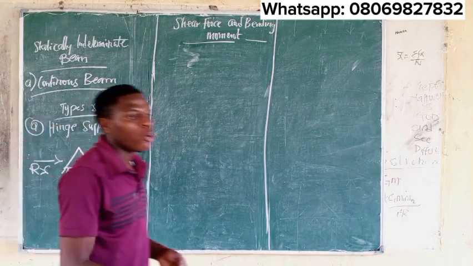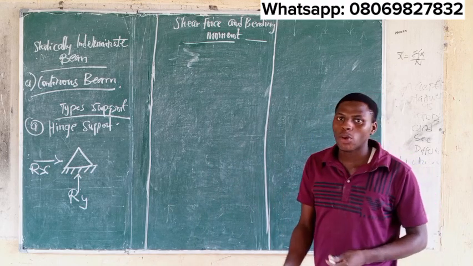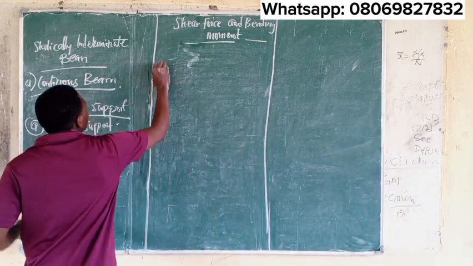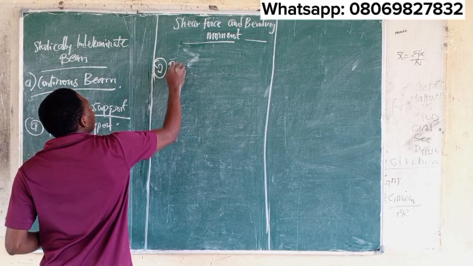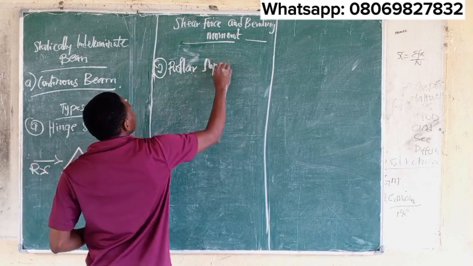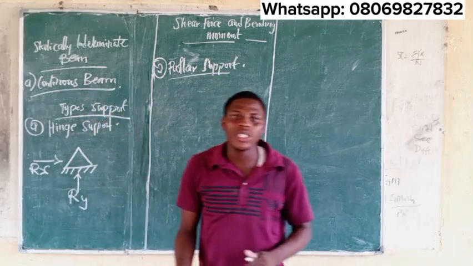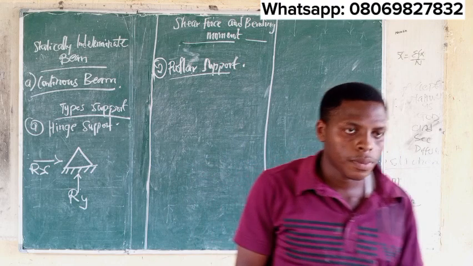The next type of support which we'll talk about is what we call the roller support. So number two. The next support which we'll be considering is the roller support.